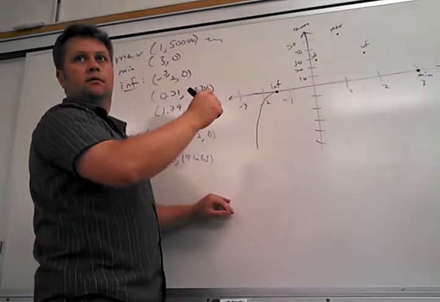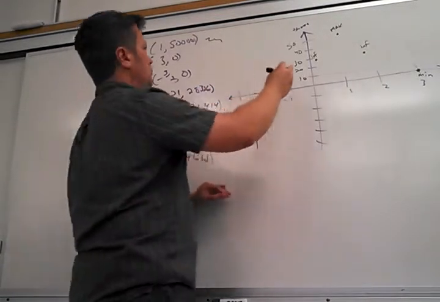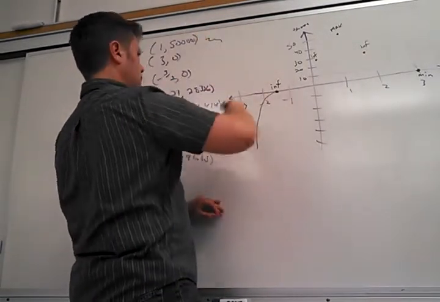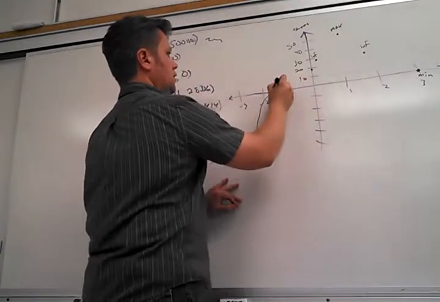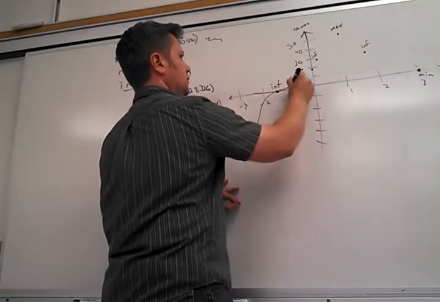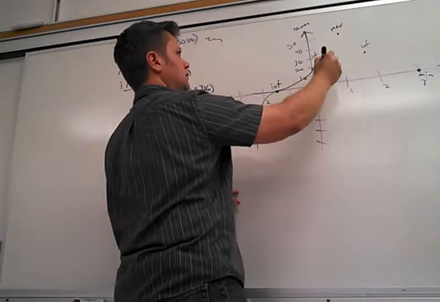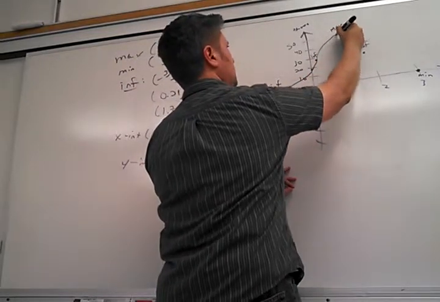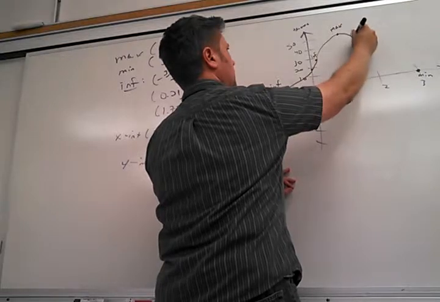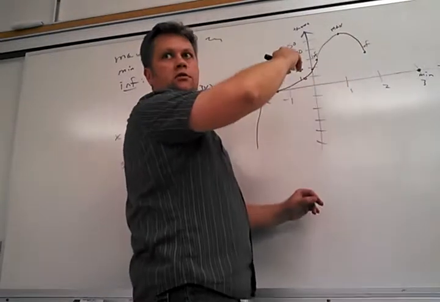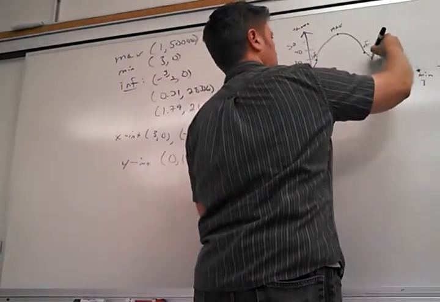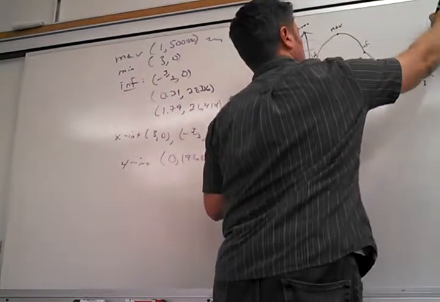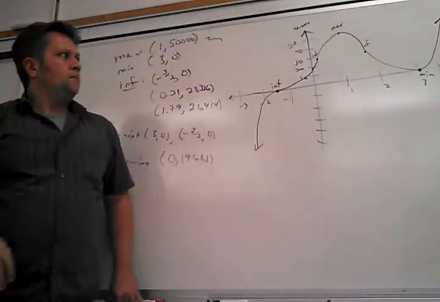And where's my y-intercept? I forgot to do that. 19, so it's about right there. Now it's concave up, still increasing. It's going to change again. Here it changes to concave down. That's the max, so I know not to go above that. And now it's going to change to concave up. Touch that. Go.